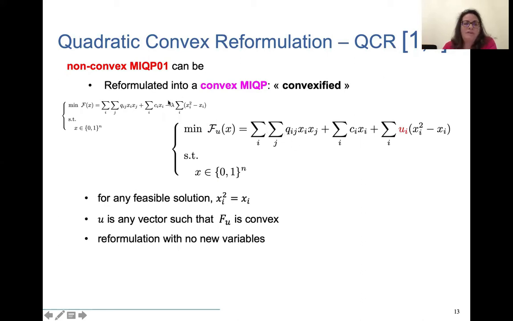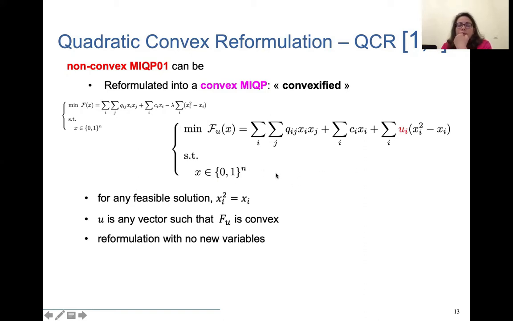So rather than having a scalar lambda here, you have different values on your diagonal terms. And again, for the same reason as before, the function parameterized by u is equivalent to the first one, because this is equal to 0.